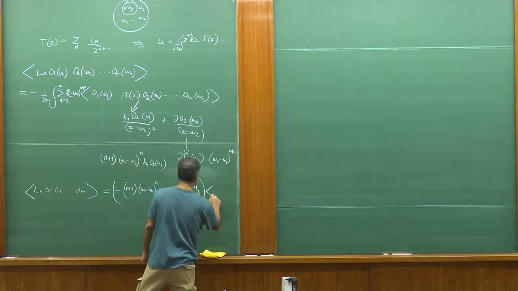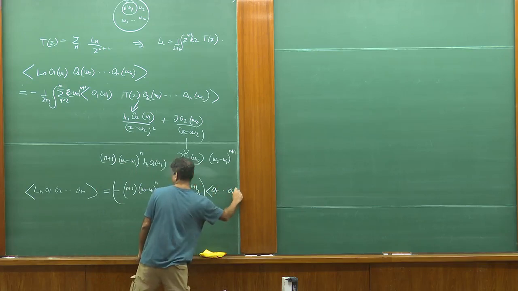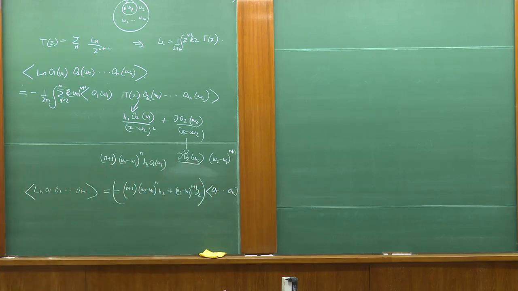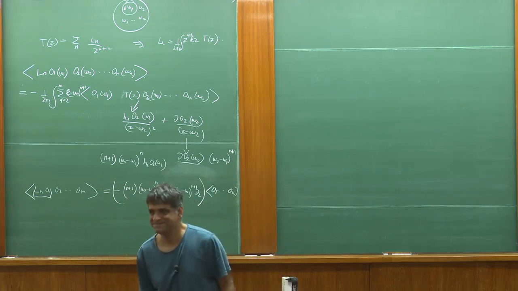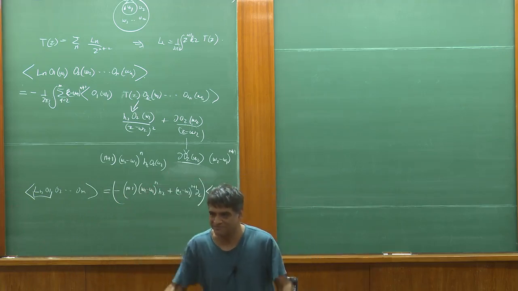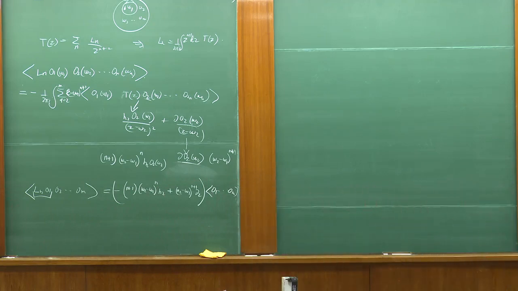This whole thing acting on O1 to ON. When you say L_n O1, L_n is acting on what? On the left hand side, L_n O1 is whatever you get by acting L_n on O1. That is just the commutator of L_n with O1. That's correct. It's this operation, the T operation surrounding O1. Okay. As I said, we will often choose O1 to be identity. So that quantity will just be 0, often.